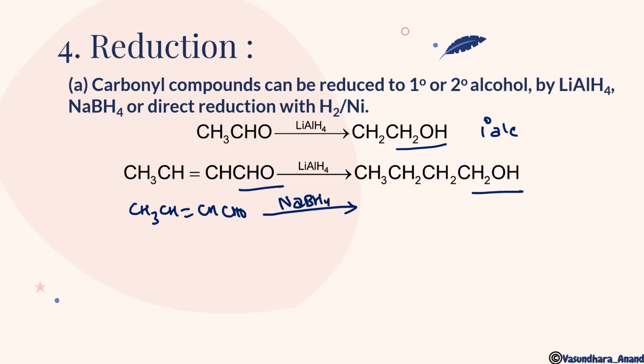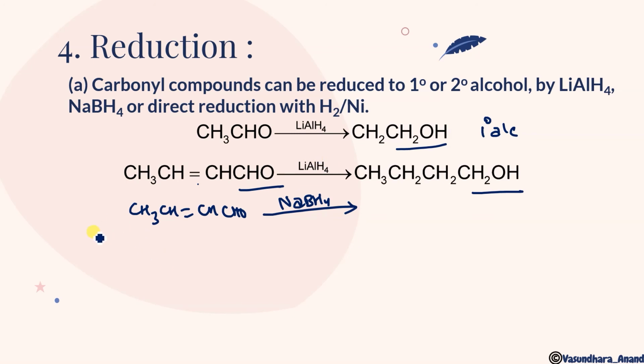Lithium aluminum hydride, that means the double bond which is attached with the polar compound CO group can also be reduced by lithium aluminum hydride, but not by sodium borohydride. This is not that much strong reducing agent, so that it can reduce the double bond also. Clear? The double bond should be attached with the C=O, then only it will be reduced by lithium aluminum hydride.